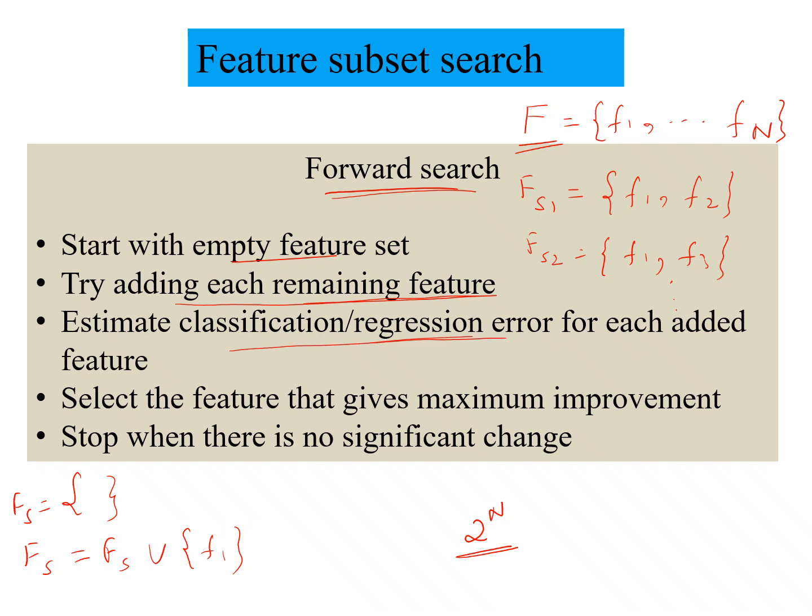This subset search is required for the wrapper methods, where you are searching for the subset. The filter methods are evaluating the input on the basis of some score, like information gain or some measure.